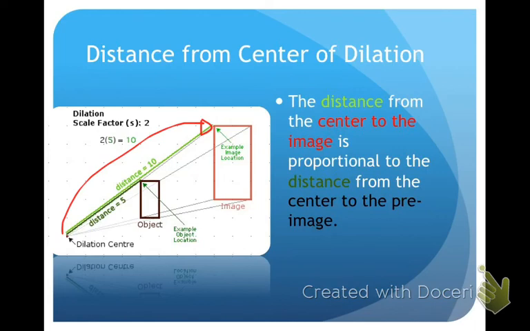That's this distance here. So if I double the distance from the center, the image should become twice as big. And if I've specifically dilated it, for example, so that the image is 3 times as big, the image will be 3 times the distance away.